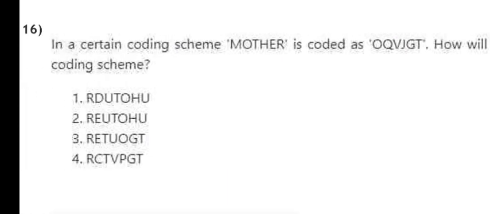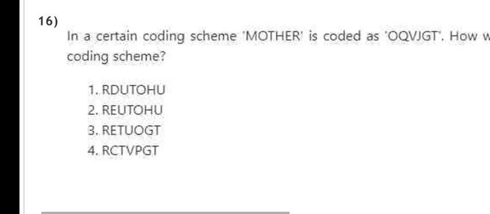So here you have to use a little trick, or you have to have a little bit of knowledge about reasoning, then it will be easy for you. So these are the options for you: RDUTOHU, REUTOHU, RETUGOGT, RCTVPGT. So number 4 will be correct, RCTVPGT.